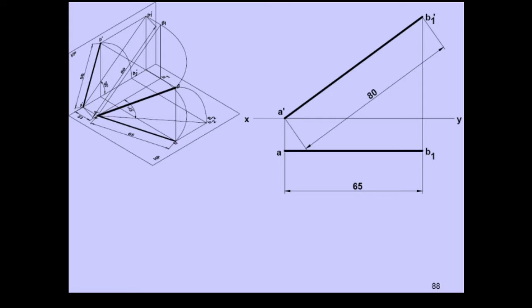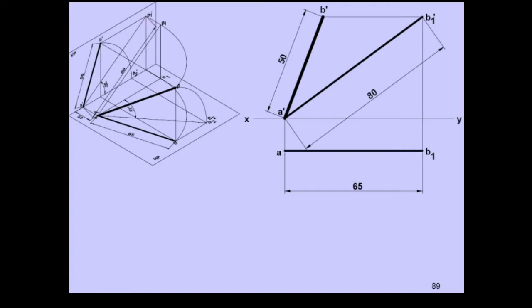Now passing through B1 dash, we consider the locus of end B in the front view and draw it. Then from A dash draw an arc to cut the locus through B1 dash with a radius of 50 mm, representing the length of the front view. We can locate the final location of end B in the front view, B dash.